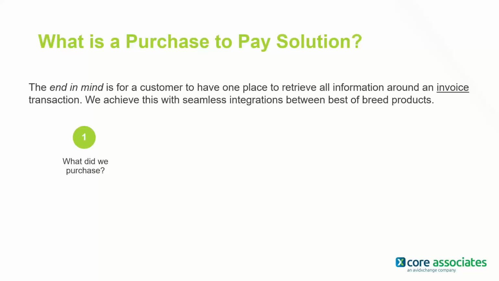It's what did we purchase? That purchase could have been made a number of different ways. For some of you, you may be creating purchase orders in Sage 300. You might be creating commitments in Sage 300. For others, you may be using the TimberScan purchasing application.